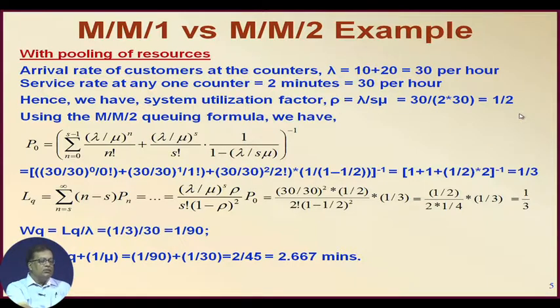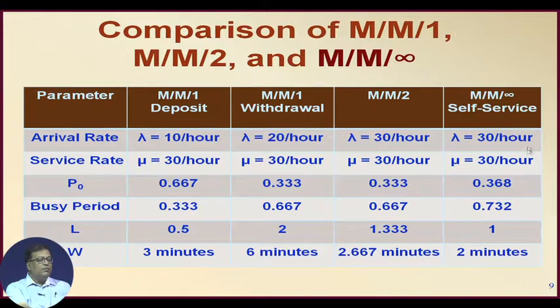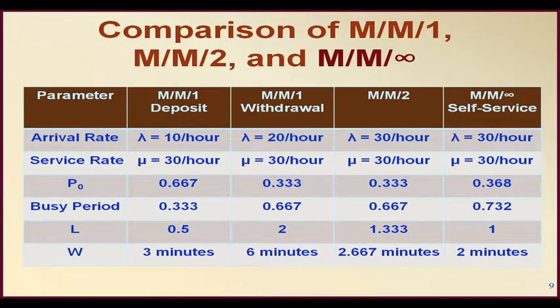So system utilization is 50%, so 50% of the time the system is not utilized fully, but the busy period for M/M/2 is 66.7%. So how does it account for the remaining 16.7%? How will this gap be bridged?